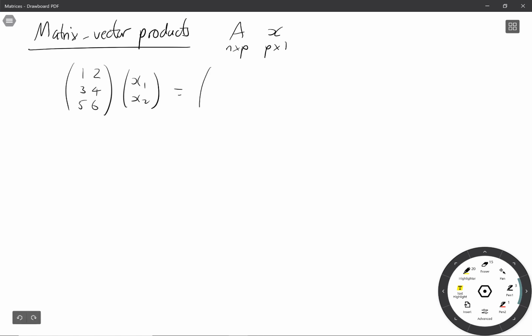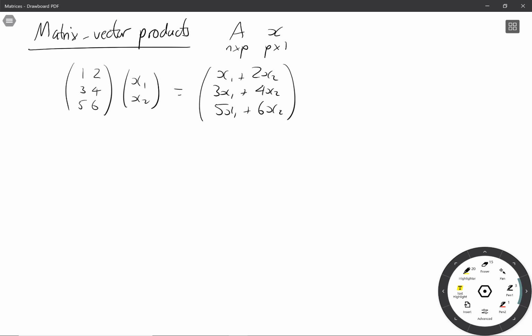Okay, so you probably think of this as x1 plus 2x2, 3x1 plus 4x2, 5x1 plus 6x2. Okay, and that is of course how we work out this matrix times a vector.